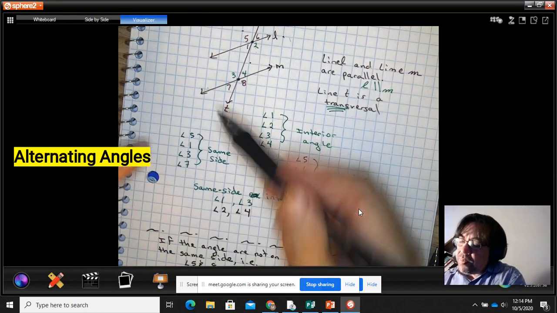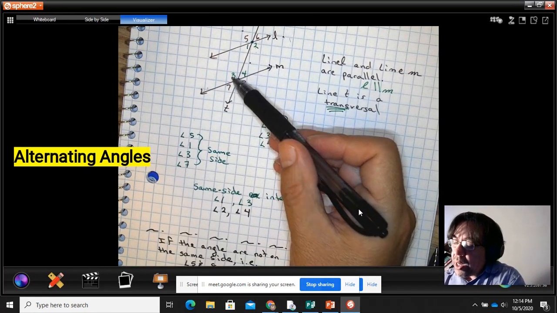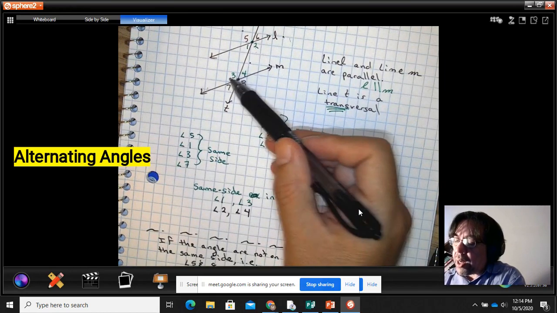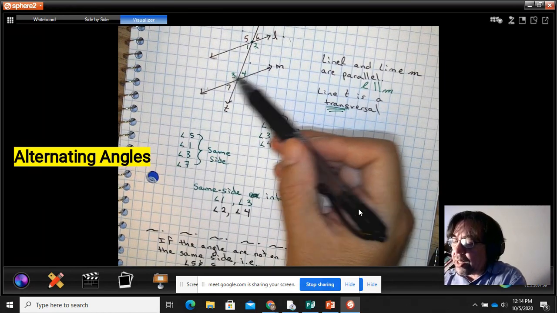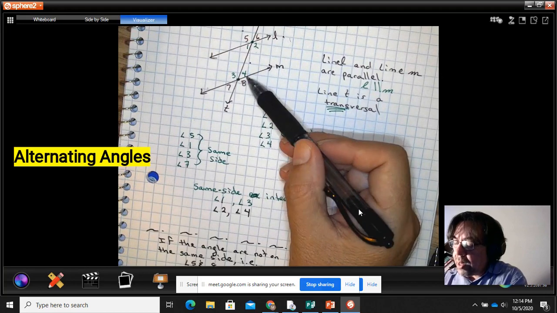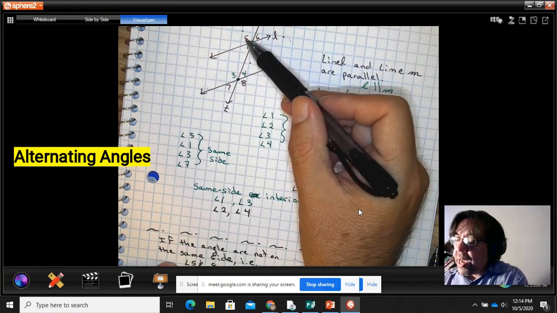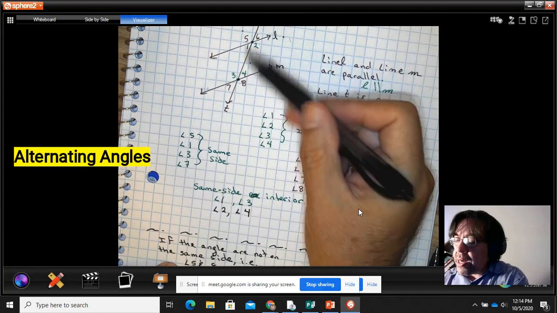Do you see how 3 and 4 are on opposite sides? They're not on the same side. Angle 5 and angle 8 are not on the same side. They're on opposite sides.